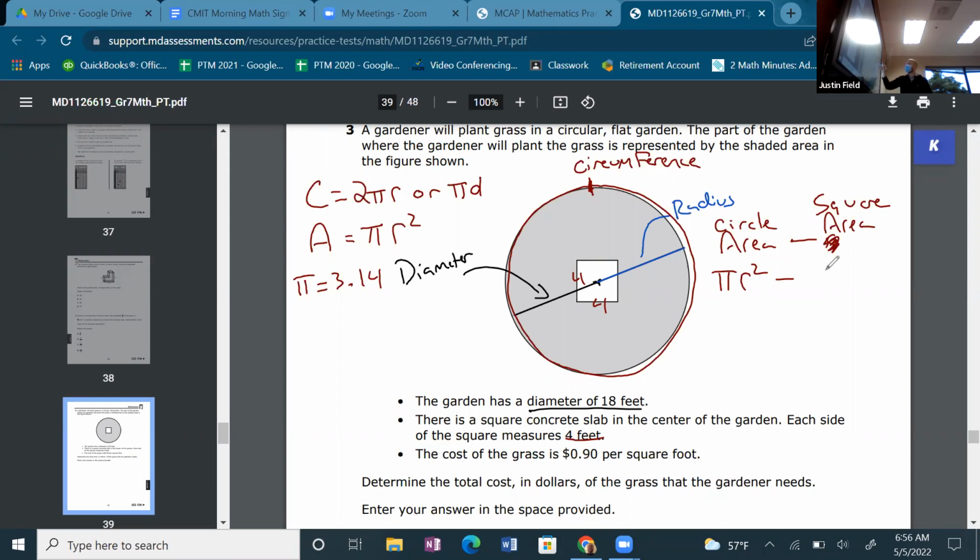So that's just 4 squared. What is the radius? Well, we know that the diameter is 18, right? And so if the diameter is 18, does anybody know what the radius would be?